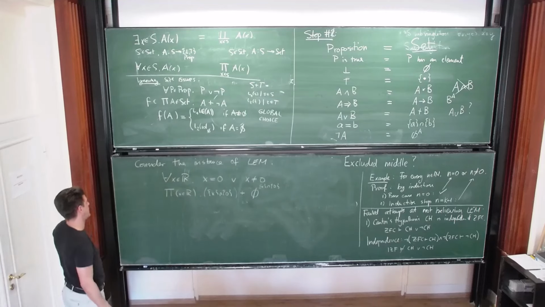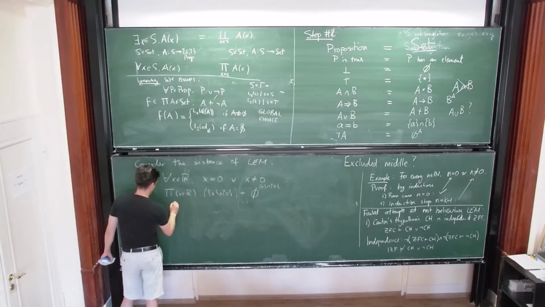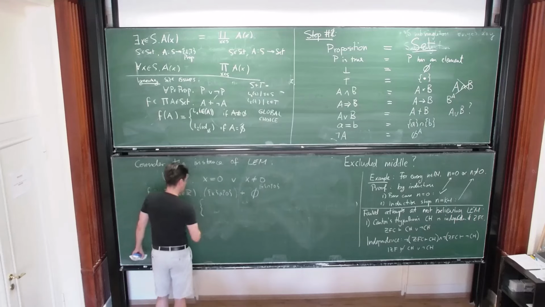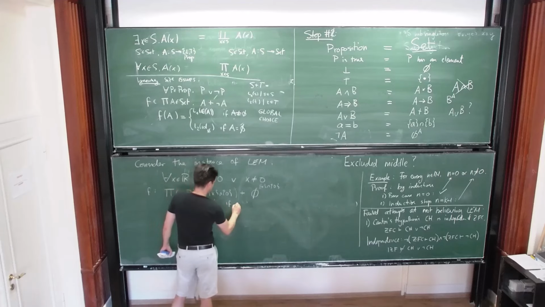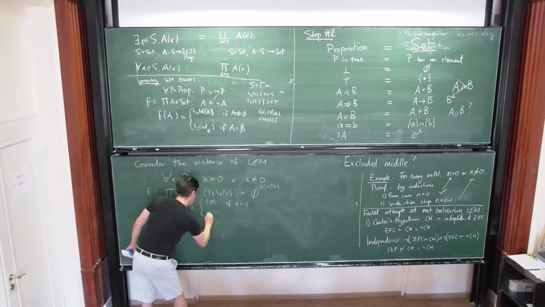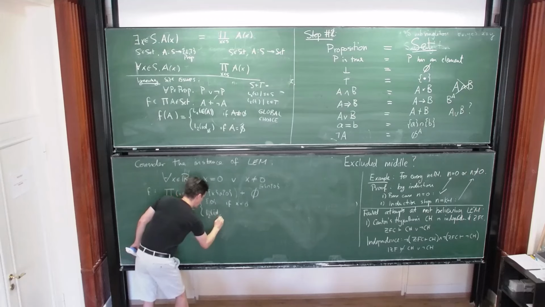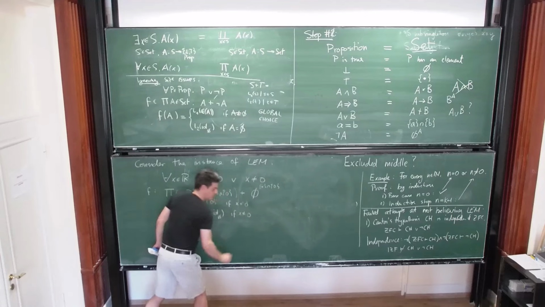Okay. What would this f do? Well, f of x is going to be x, 0, if x is 0, and it's going to be, computer science getting in the way there, it's the empty set if x is not 0.